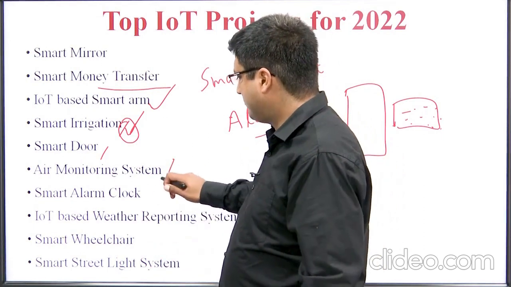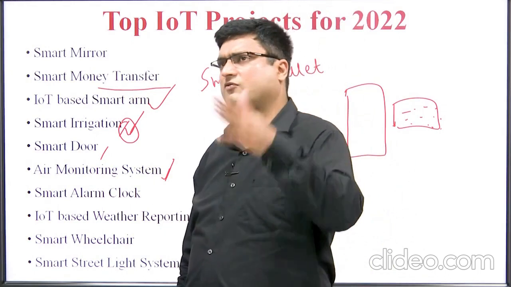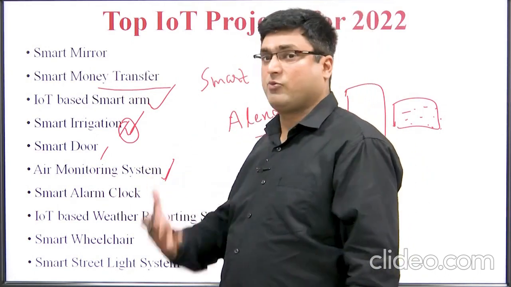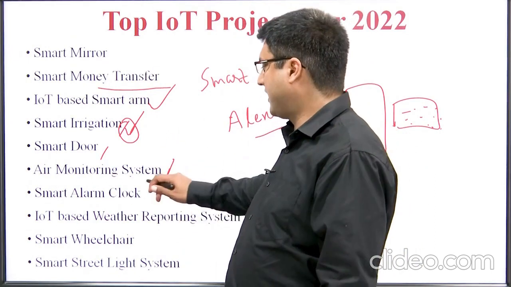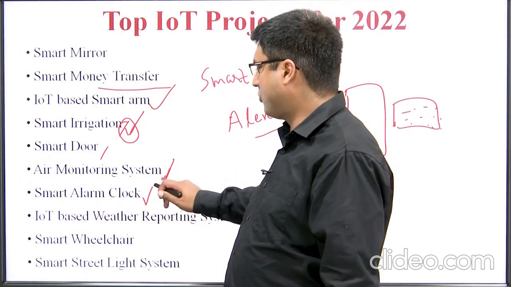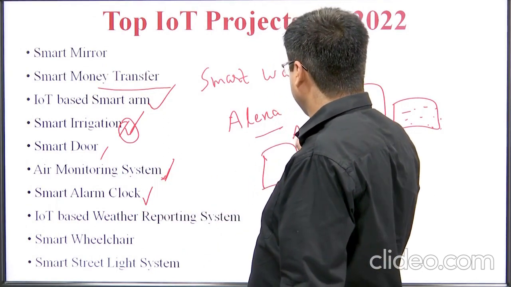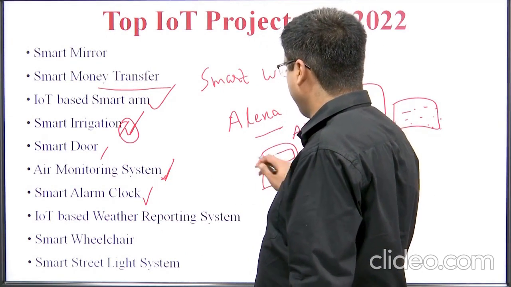Air monitoring system, smart air monitoring system. You can check the temperature and pressure of the environment through IoT projects. Similarly, the smart weather monitoring system, where real time data can be processed. Smart alarm clock means that through Alexa you can set the alarm and set the calendar.